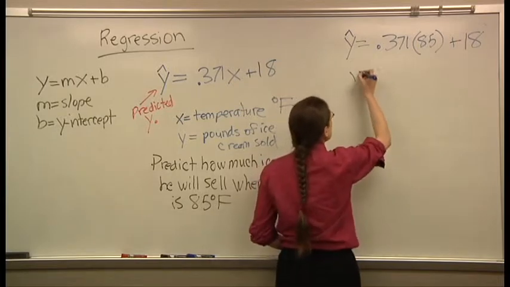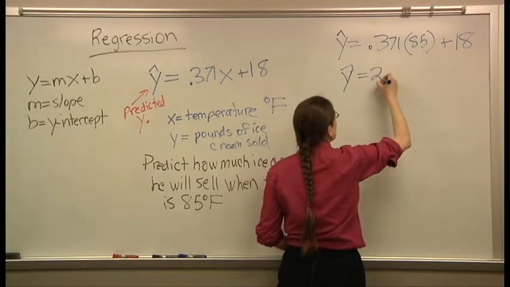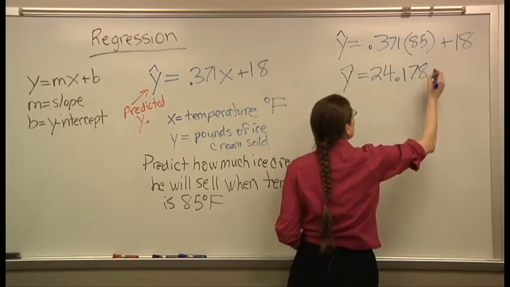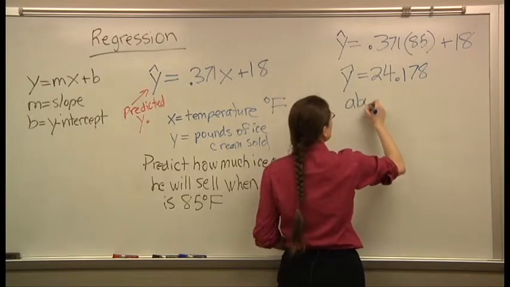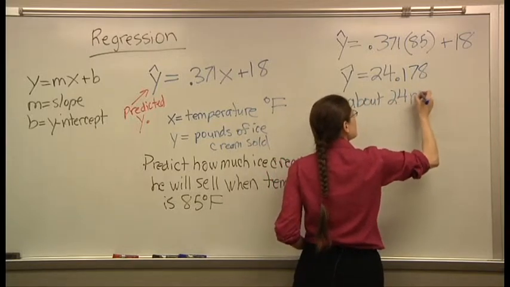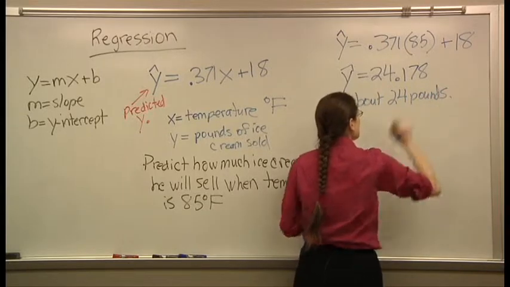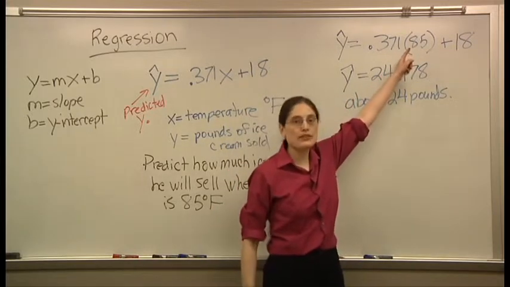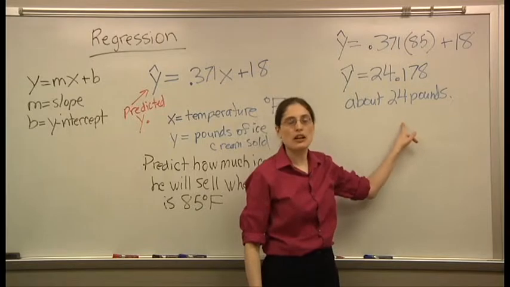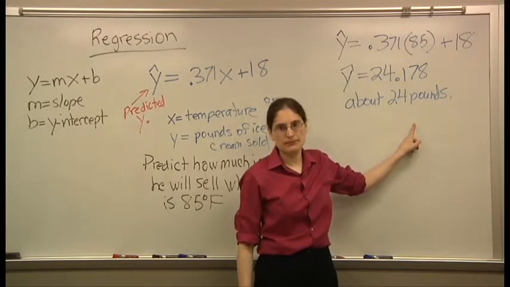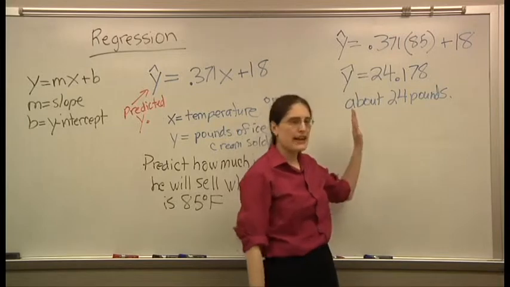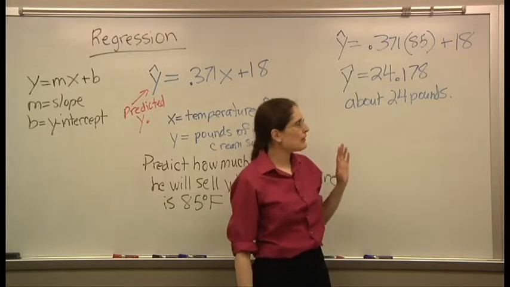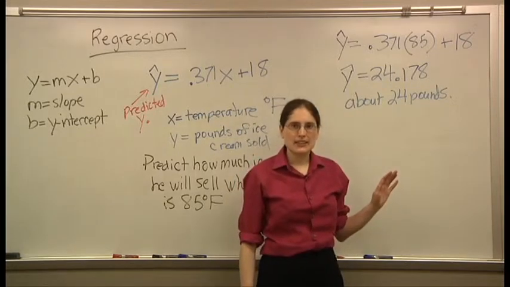Good. So, on a day when the temperature hits 85 degrees, he can expect to sell about 24 pounds of ice cream. So, this is the only actual calculation that you're going to be doing in Chapter 9. And if you're having difficulty with this, then yeah.